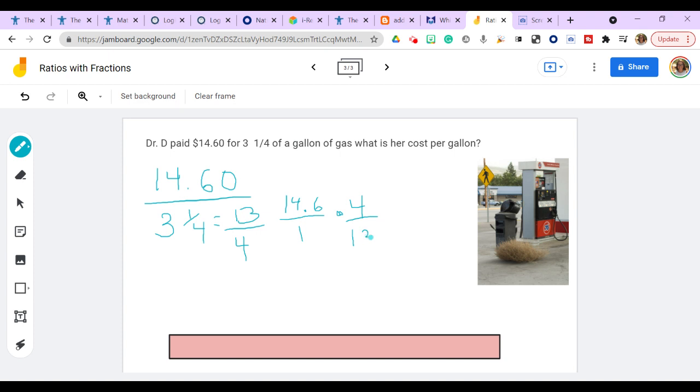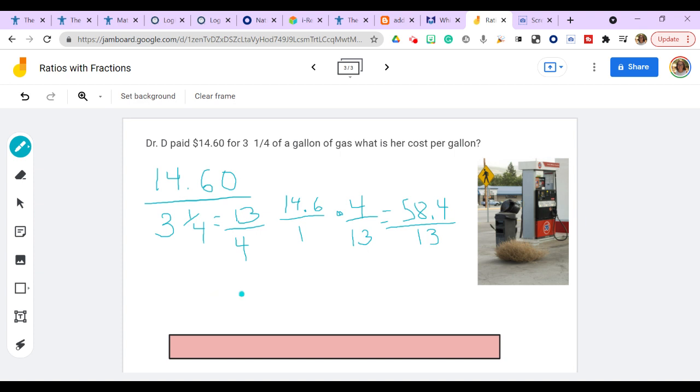And then when I do this messy math, because I need to multiply 4 times $14.60, I'm going to get $58.40. And then I simply need to divide 58.4 by 13 to figure out how much for 1 gallon. And so I'm going to do some long division here.